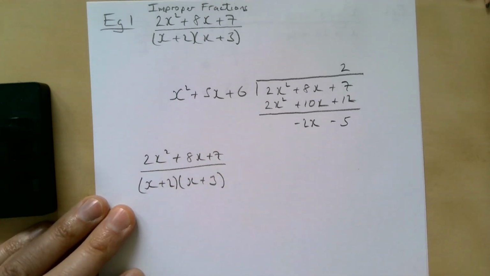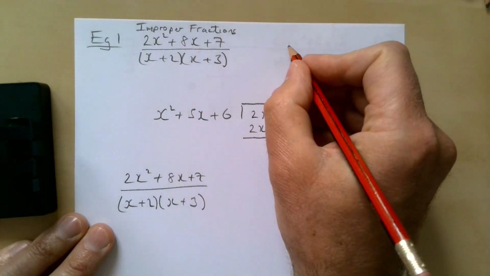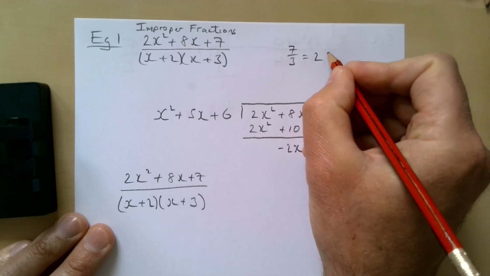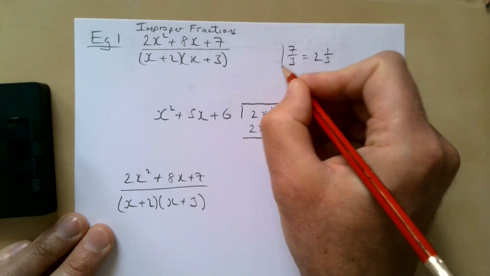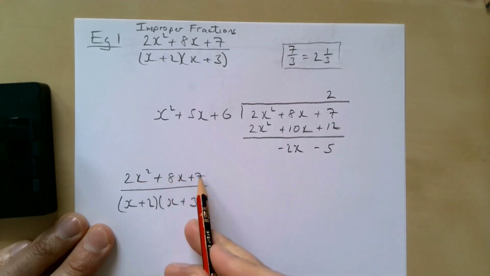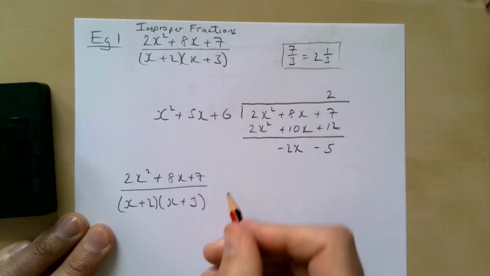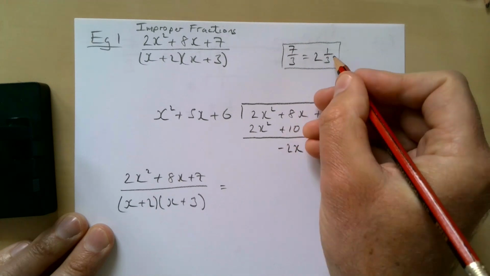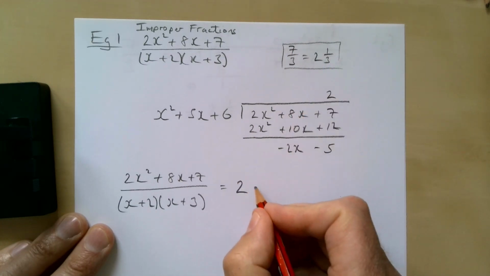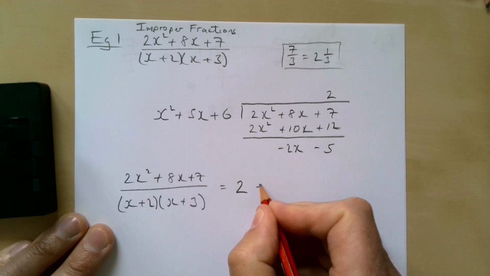I'm actually going to go back here to our top heavy fraction. We remember 7 over 3 we could write as 2 and 1/3. So what's the 7 bit? That's here. The 7 disappears. The 3 is still at the bottom. The 2 and 1/3, so that's going to be 2, and then I'm going to change that plus.